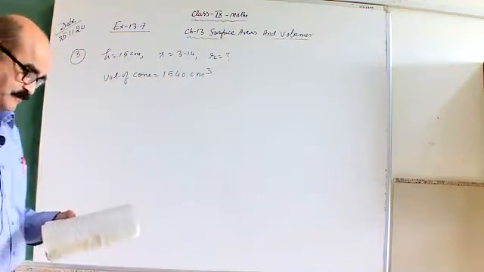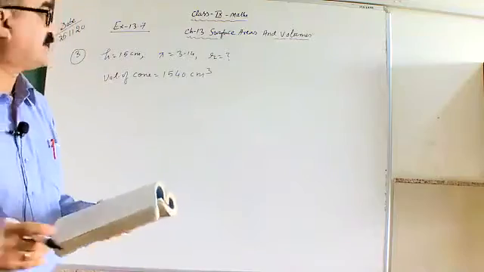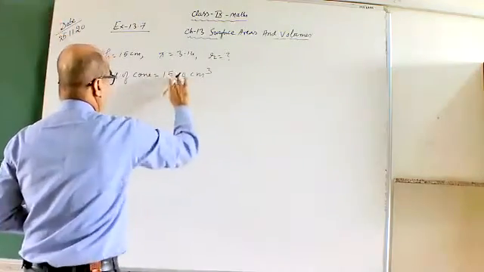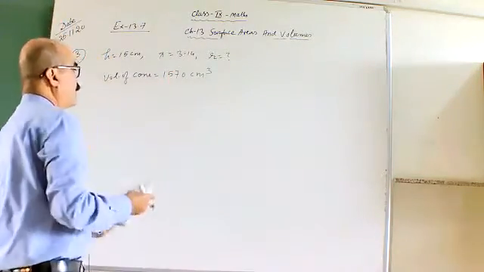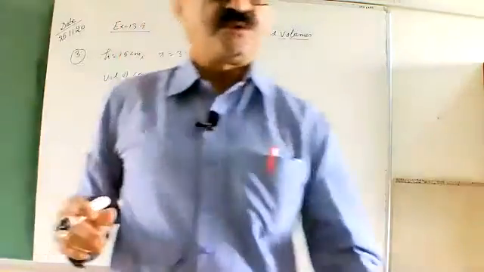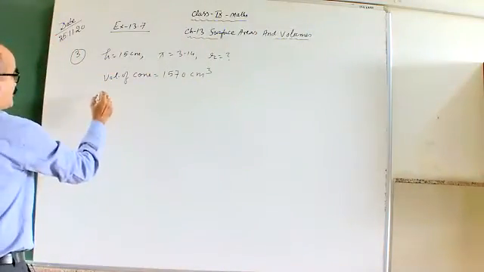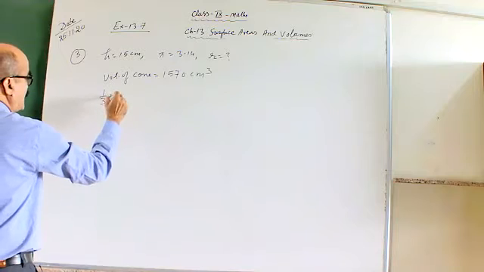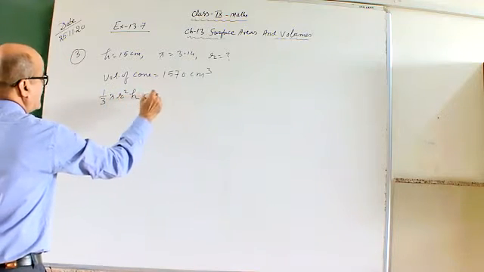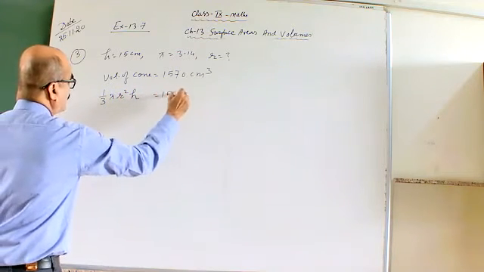The volume is 1570, not 1540. 1570 is given. So you need to find the radius. It's very easy. As you know, the volume of a cone is 1 by 3 pi r square h, equal to 1570.